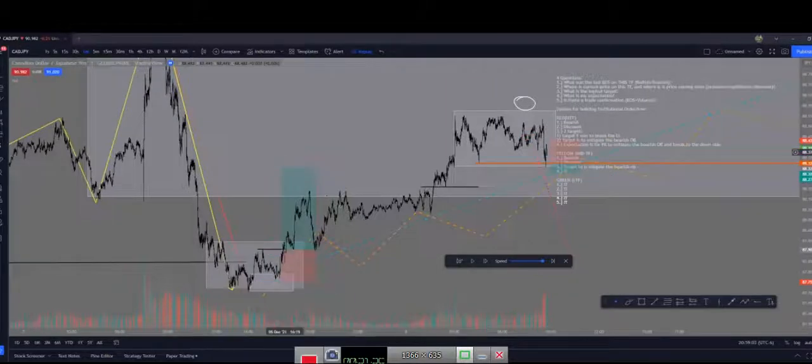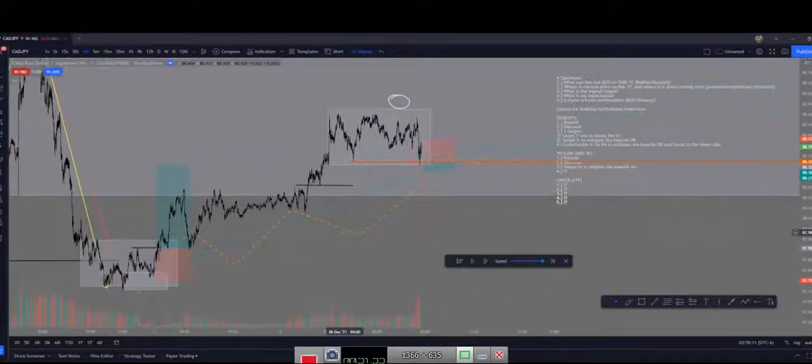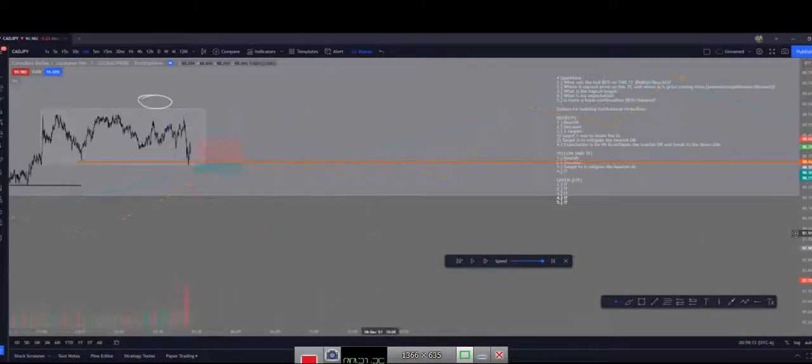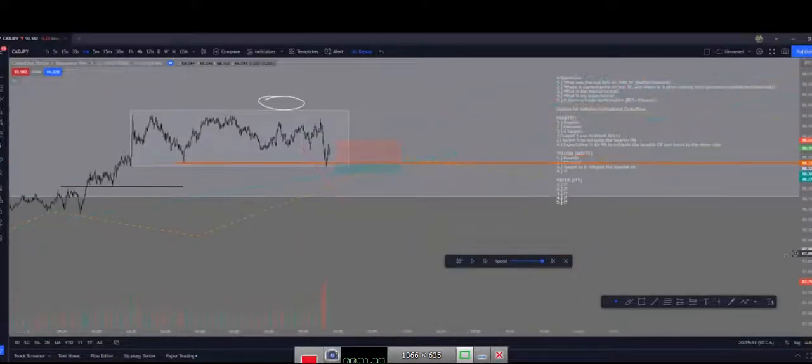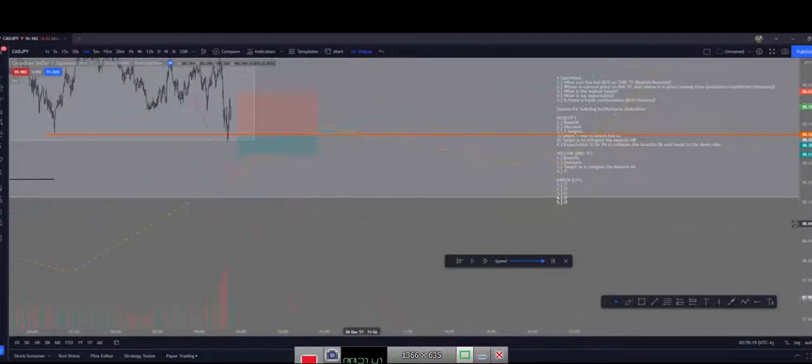I was expecting a UTAD up here, but it didn't give it to me yet, so we'll see. It might be another sign of strength, I think it's called. So let's see what it does.